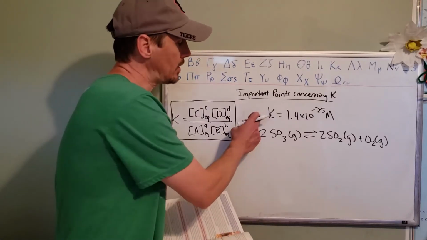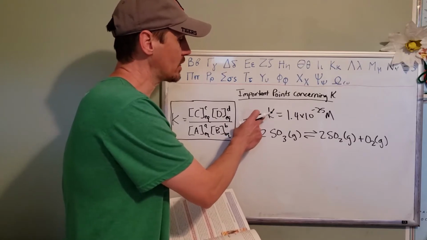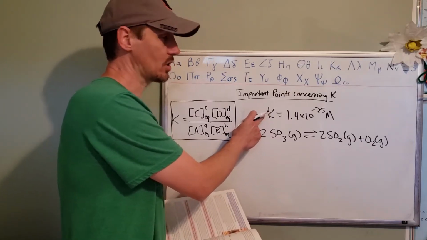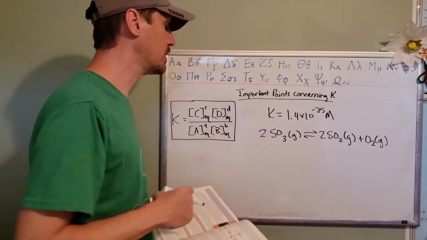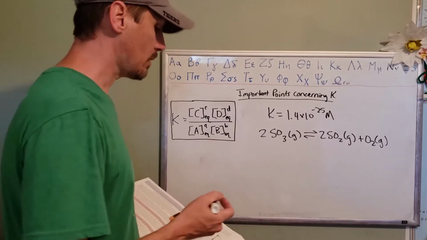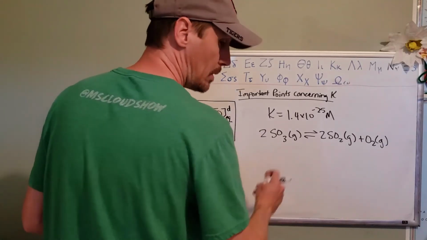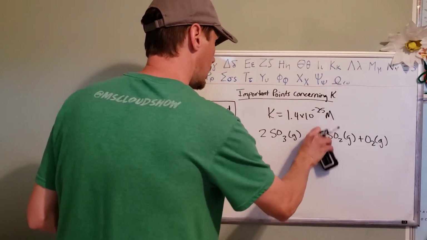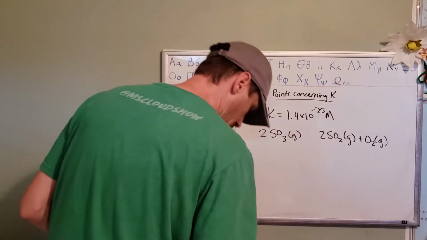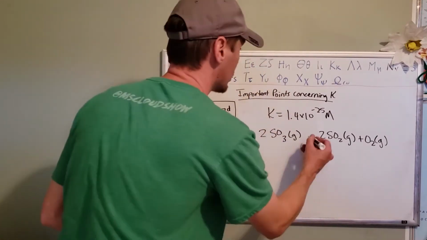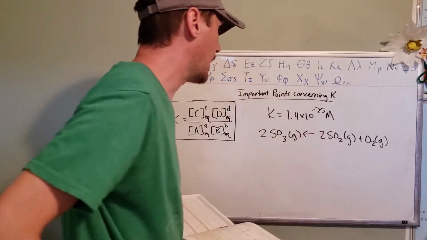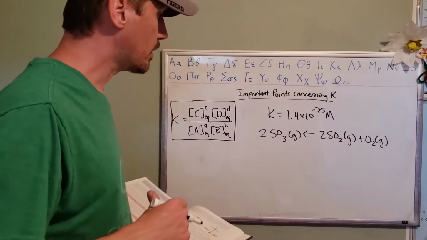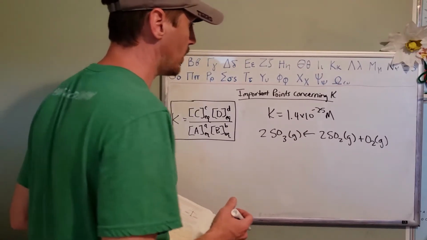And so the reason we can write this as a one-way reaction is because this K is extremely small, right? It's less than 1 times 10 to the negative 6. So actually it would be more appropriate to say that this reaction is headed in the reverse direction, right? Like that. Now that looks really weird, right? We're not used to seeing reactions that way.